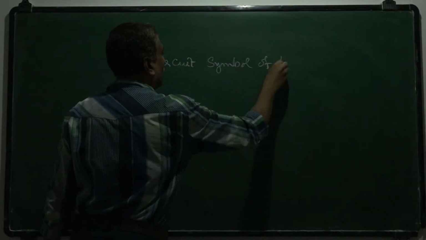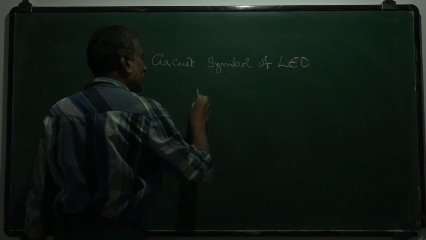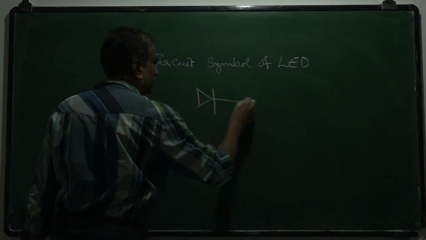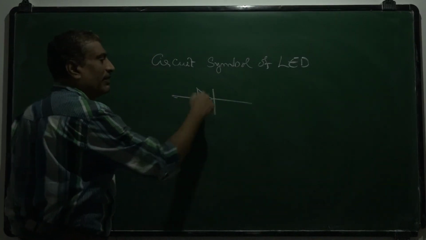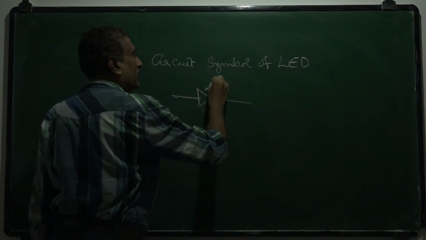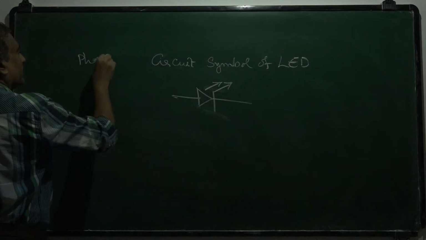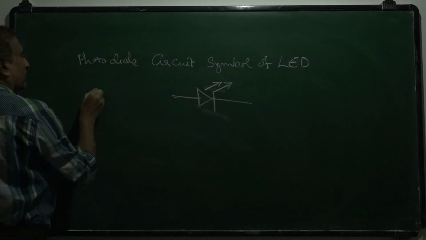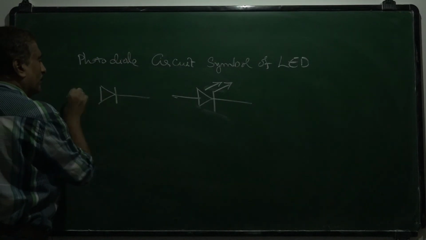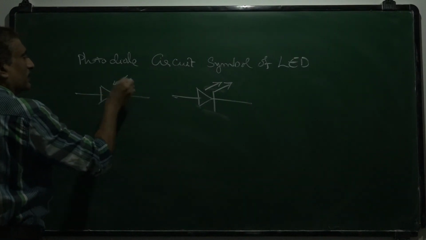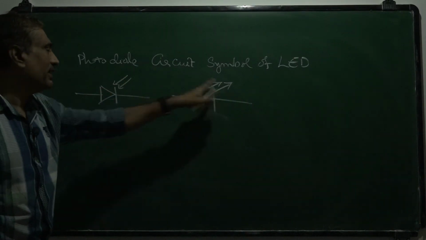The circuit symbol of LED is similar to that of the photodiode only, like this, whereas light is emitted from the diode junction, so it is indicated like this. Whereas in the photodiode, it is like this, light is incident on the diode, like this. So here light is emitted, here light is incident.